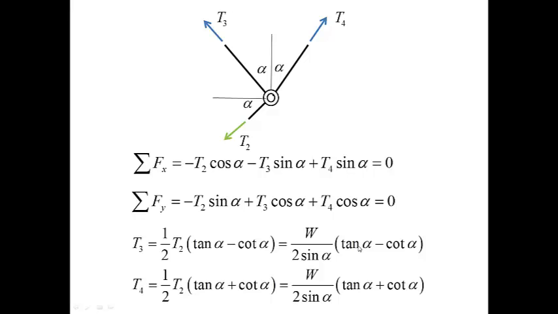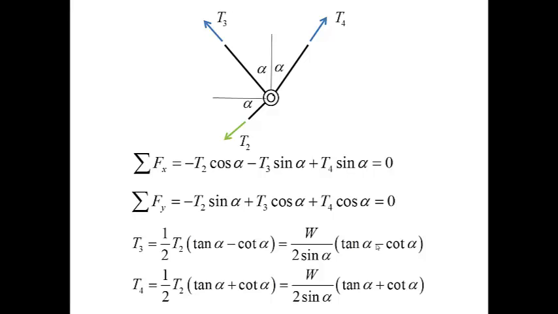Point number 2, T3 must be positive in order for the cable to work. Therefore, the angle alpha has to be at least 45 degrees. If alpha is less than 45 degrees, then T3 is negative, and therefore this assembly is poorly designed.